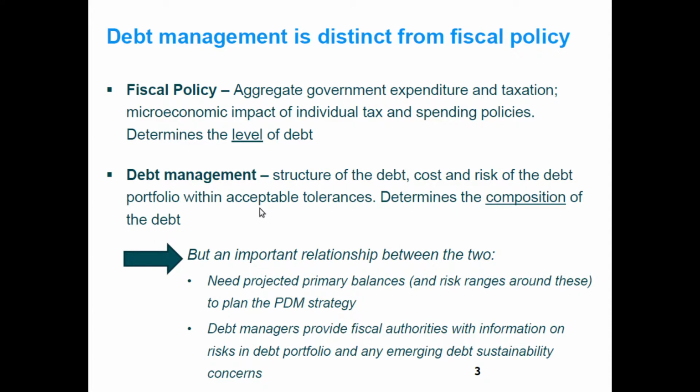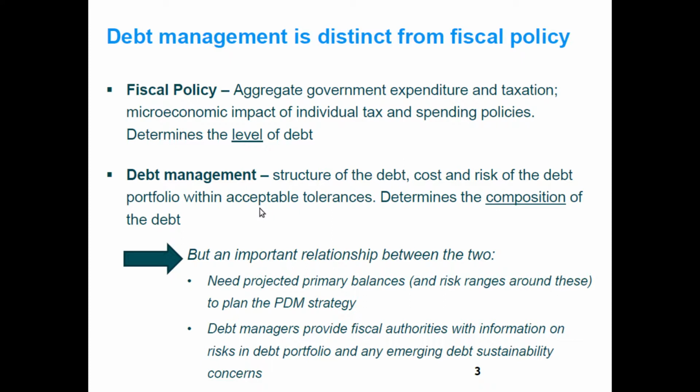It is a distinct process from fiscal policy. So fiscal policy, and you can have a lot of definitions of fiscal policy, but is principally concerned with aggregate government expenditure and taxation, but also with the efficiency of tax policy and expenditure decisions.